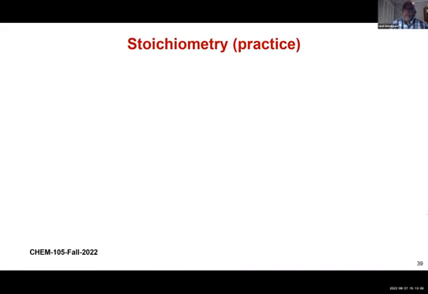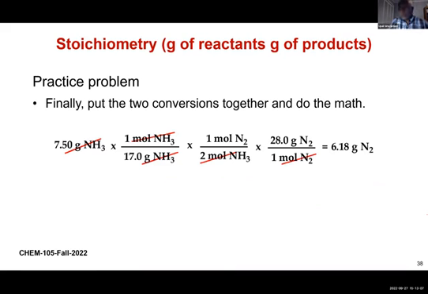I completed this reaction. I got 6.176, rounded off 6.18. Now this is the type of stoichiometric calculation you will be doing.